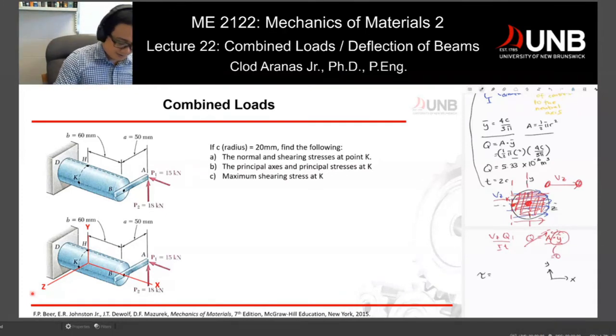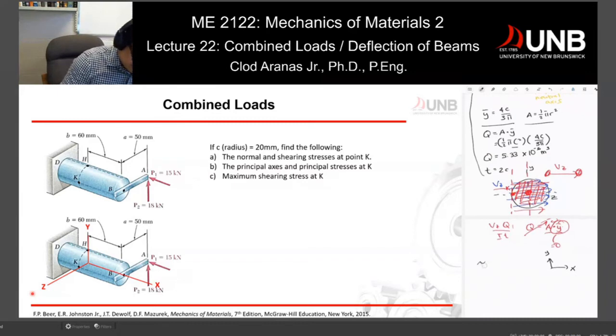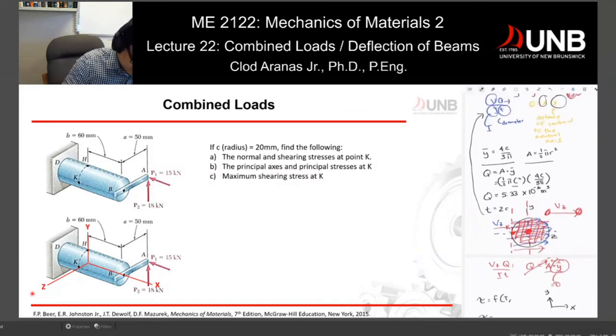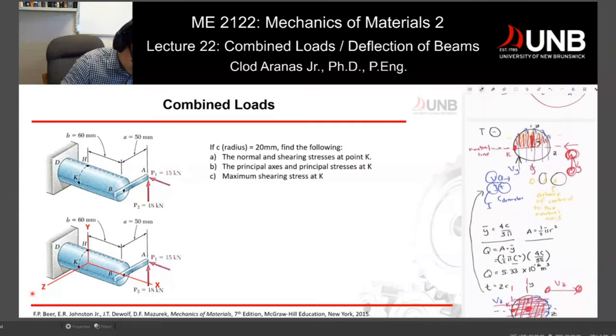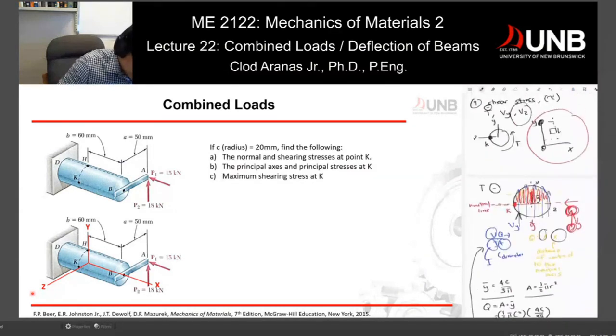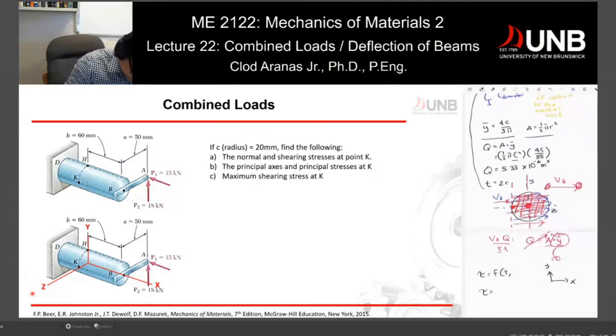Now let's discuss shear. We know that the shear stress is a function of torque, V sub y, and V sub z. Now your torque, take note, is producing a negative shear, as we discussed earlier.